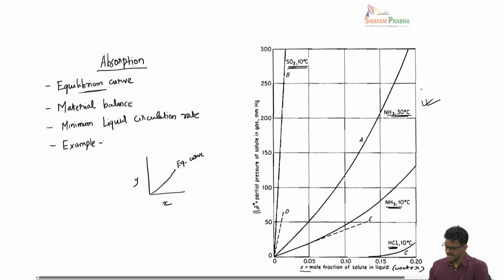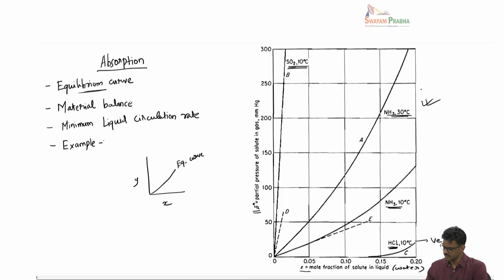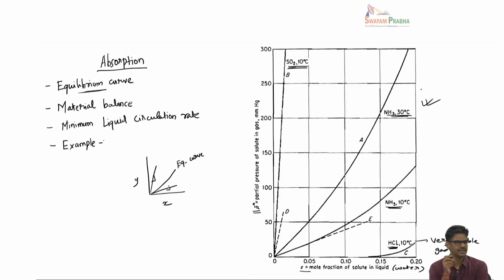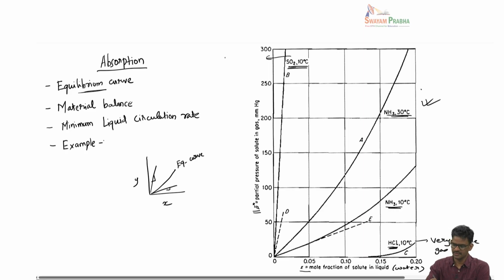You can see HCl has the smallest slope, meaning HCl is a very soluble gas. You may recall in one of the previous classes I talked about equilibrium curves with different slopes. When the slope is very small, we associate that with a very soluble gas. When the slope is very high, it is sparingly soluble. In that context, SO2 will be very sparingly soluble. So why do we say this is very sparingly soluble?